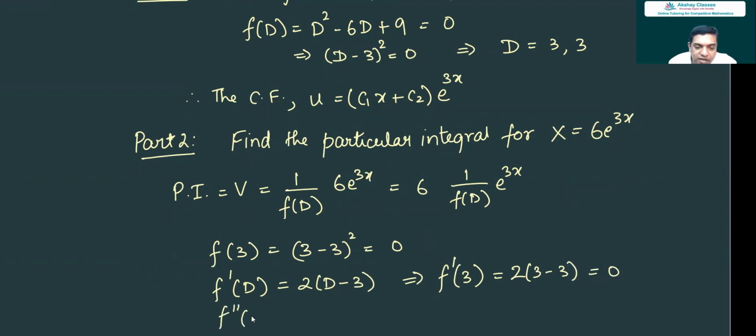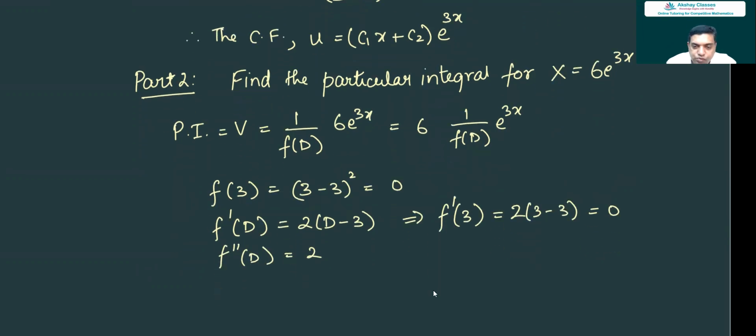What is f''(D)? It is 2, and so f''(3) is 2, which is not equal to 0.